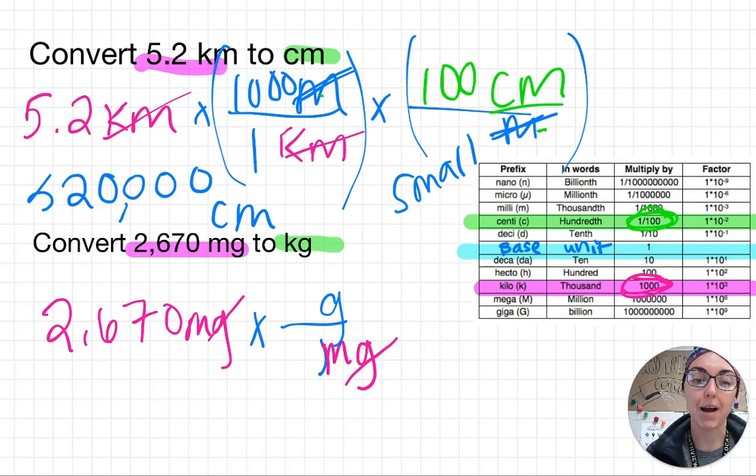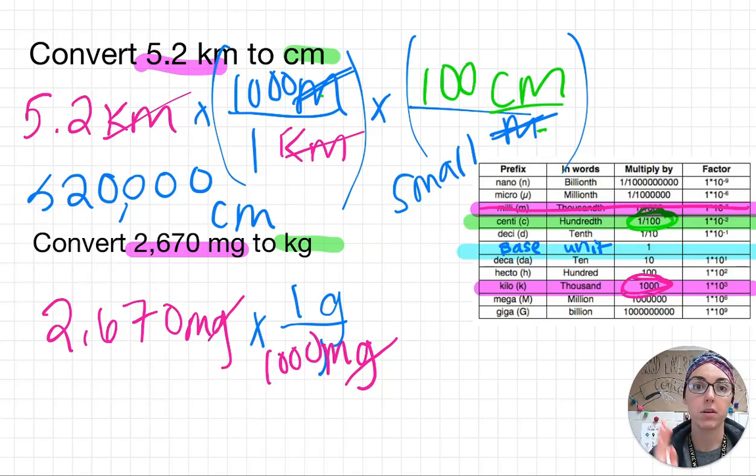I know from my chart that there are 1,000 milligrams in 1 gram. So to go from milligrams to grams, my number is going to end up smaller because milligrams are really tiny and grams are bigger.